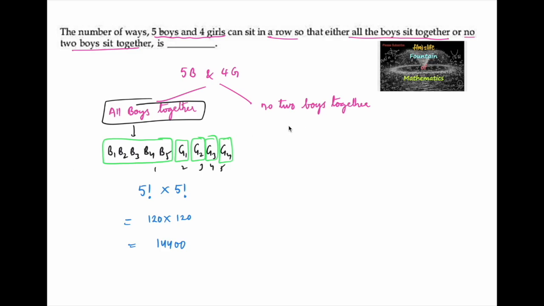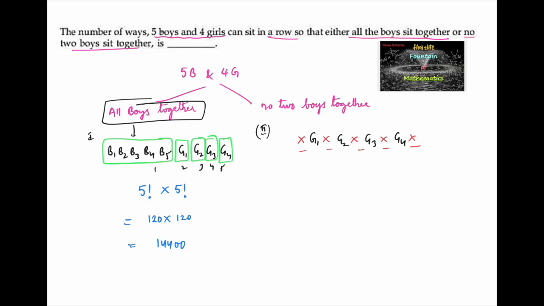And similarly, no two boys together in the second case. So here let us consider, first we'll fix the girls G1, G2, G3 and G4 so that we can find some gaps in between them. We have 5 gaps. So in these 5 gaps, 5 boys can be arranged.